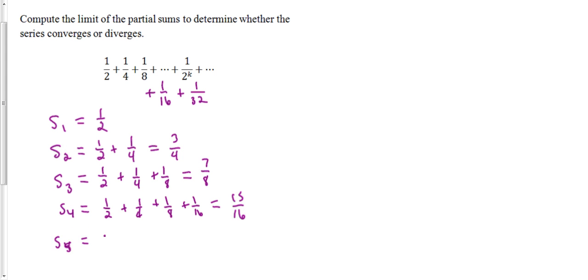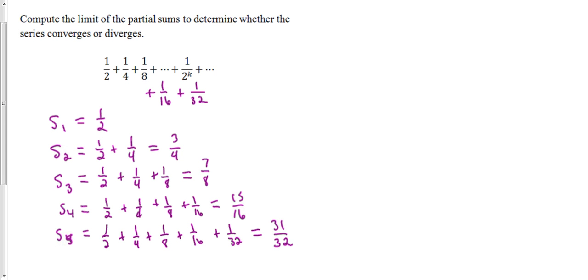So that's going to be 1/2 plus 1/4 plus 1/8 plus 1/16 plus 1/32. And what's that sum going to be? Yes, it's going to be 31 over 32.